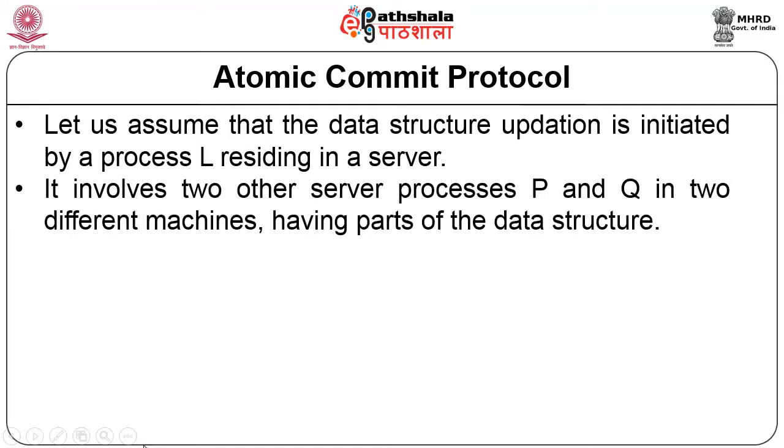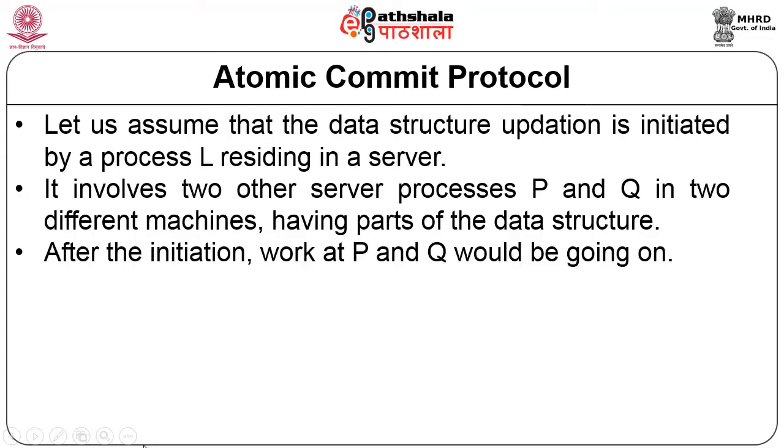Let us also assume that there are 2 servers involved, P and Q. These 2 servers are residing in 2 different machines in geographically dispersed locations, and both of them contain a certain part of the data structure that we are talking about. Now, after the initiation by the server L, or maybe a client process L, in P some work will continue, and in Q some other work will be going on.